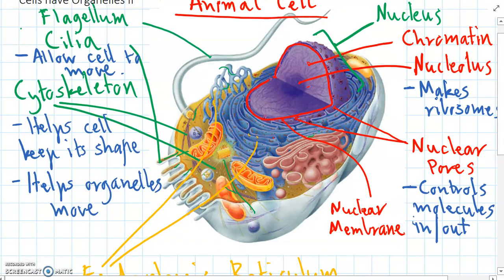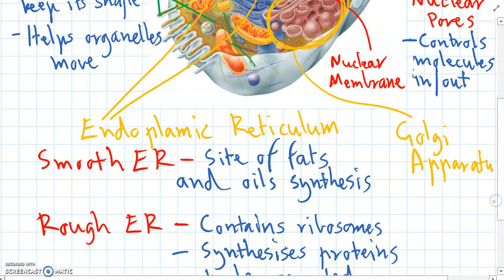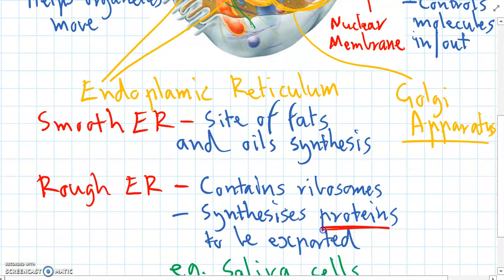Next, we have another organelle made of membranes, and this one is closely related to the endoplasmic reticulum. It's called the Golgi Apparatus. And the Golgi apparatus receives all of the proteins from the rough endoplasmic reticulum, and it packages them up and labels them where they need to be delivered.